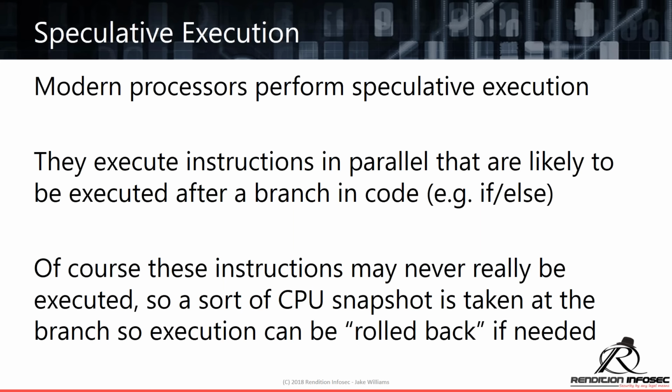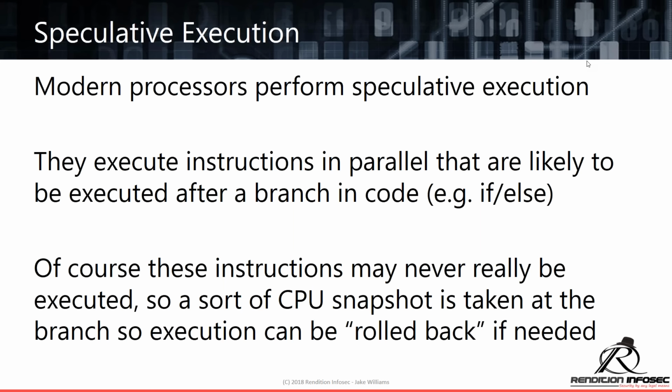Now, the reality is that if we say take the if, and when the condition's evaluated, it really says do the else, then we have to discard all of the instructions that we've executed up to this point. And so on the speculative execution side, because these instructions may never really be executed, a sort of CPU snapshot is taken.